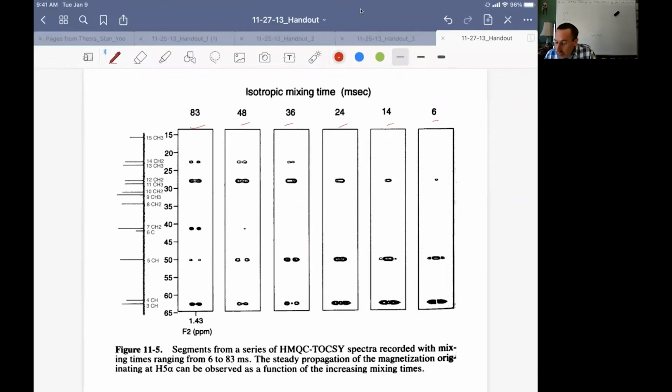Now with 83 milliseconds of mixing time, you get the entire spin system lighting up here, where you have C14, you have C12, you have C7, you have C5, and you have C3.